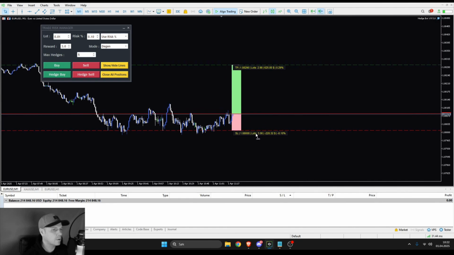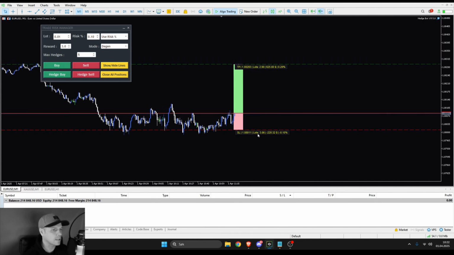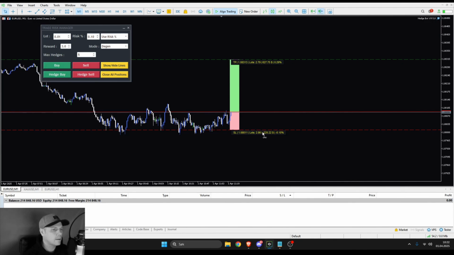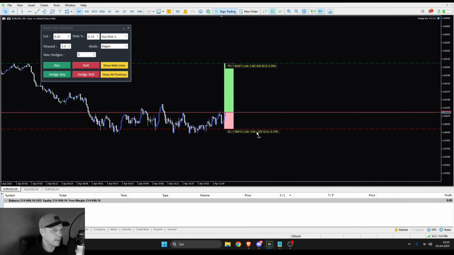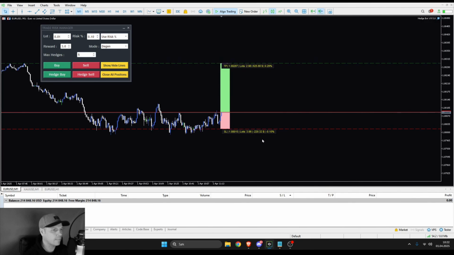So this trade right here would be 3 lot size. The next position, if it hedges, is going to be 6. So it has a kind of doubling mode, and if you double that up from 3, the last trade is going to be 48 lots basically, and that's right under 50.